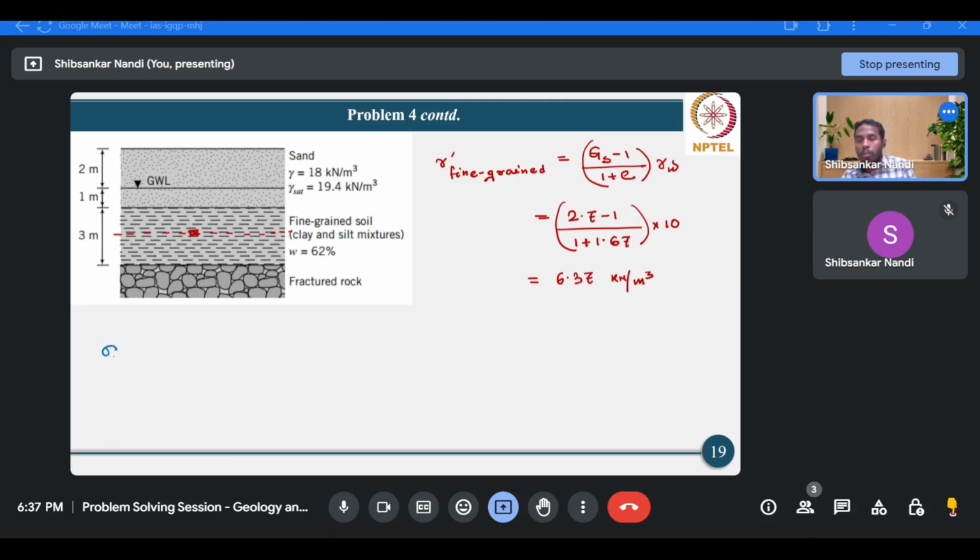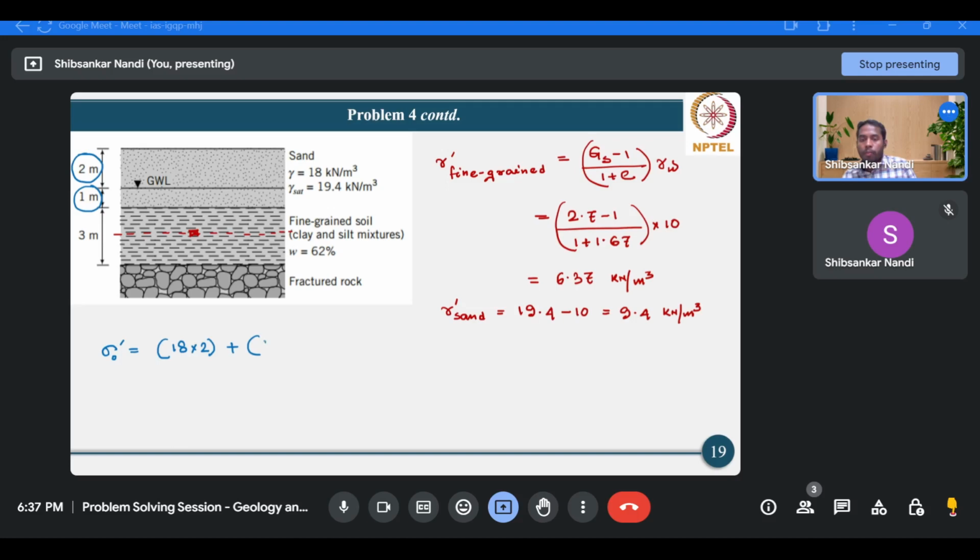Therefore, sigma 0 prime would be 18 multiplied by 2 for the initial 2 meter portion. Then for the remaining 1 meter of sand, it will be the submerged unit weight of sand, so you have to calculate that as well. It will be 19.4 minus 10, so gamma sat minus gamma w, therefore 9.4 kilonewton per meter cube.